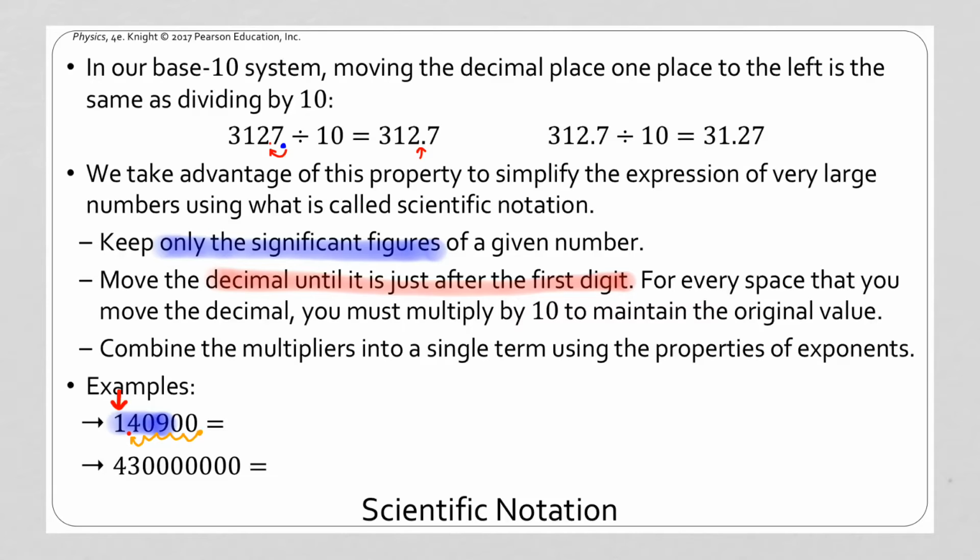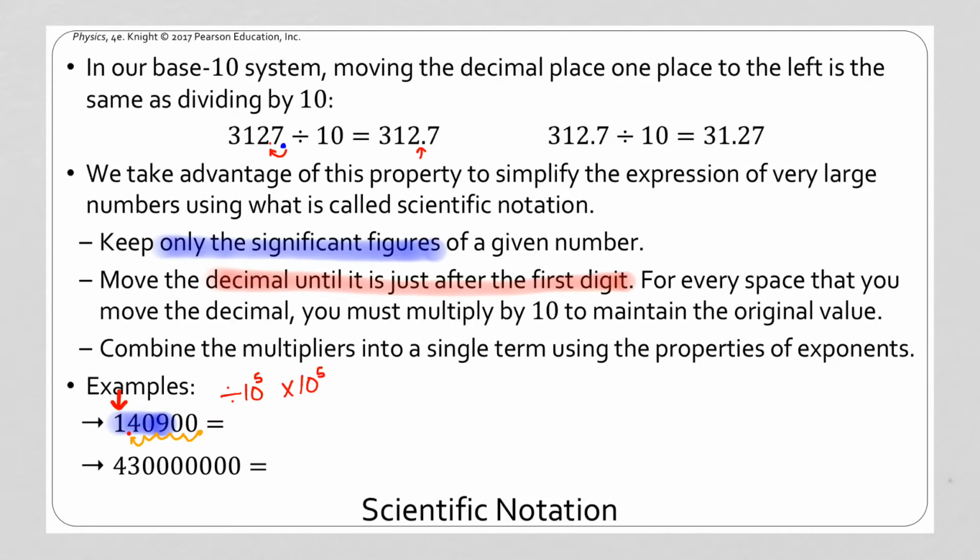And what I said was moving the decimal place to the left is the same as dividing by 10. So if I've moved the decimal point 5 places to the left, it means that implicitly I've divided by 10 5 times, or I've divided by 10 to the 5th power. In order to maintain the value of this number, if I'm dividing by 10 to the 5th, what I have to do to cancel that out is explicitly multiply by 10 to the 5th.